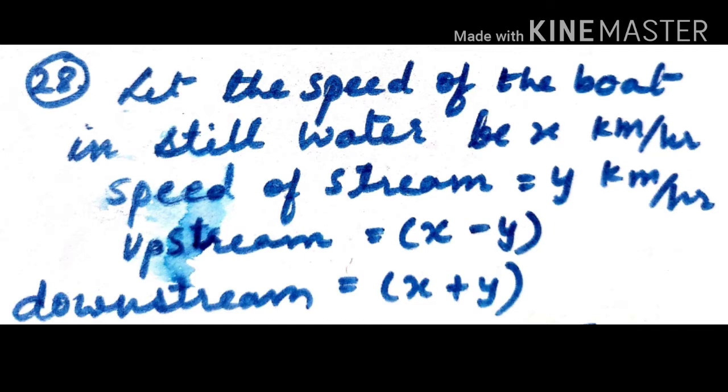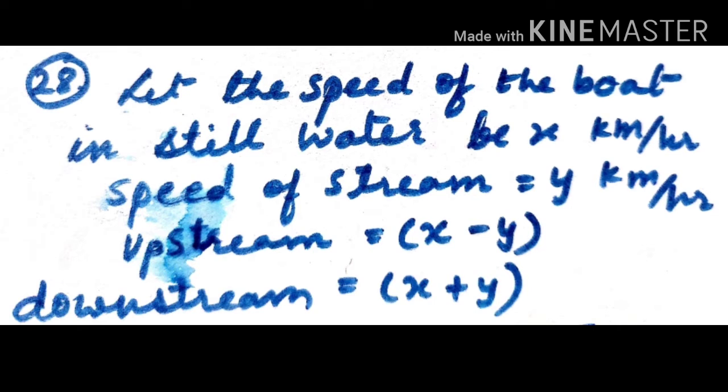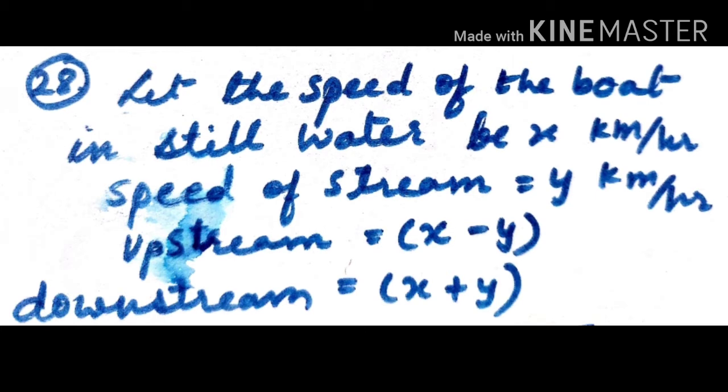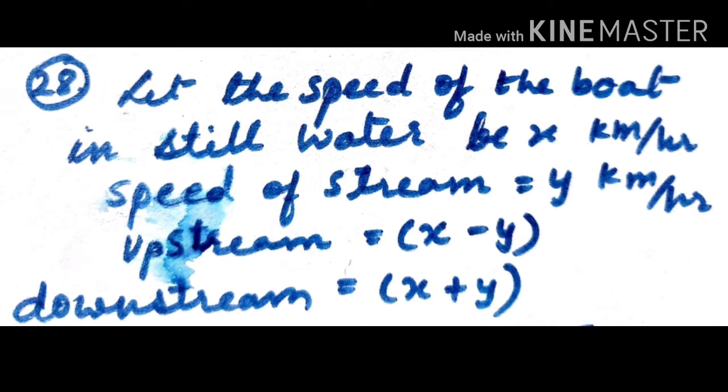Okay, so what we want to find, we have to let here. They asked to determine the speed of the sailor in still water and the speed of the current. So let the speed of the boat in still water be x km/h and the speed of the stream be y km/h.